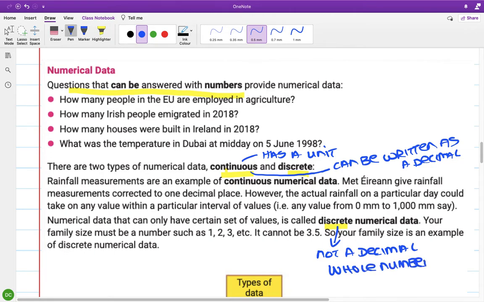Right, so let me explain. They're both numerical because they both be numbers, but continuous data has a unit. So it would be things like temperature, because that's degrees Celsius, or height, centimeters, or weight, kilograms, rainfall, generally millimeters. Yeah, it's normally millimeters, isn't it? So anything with a unit like that.